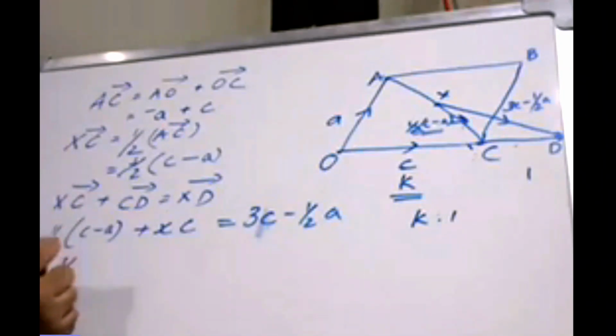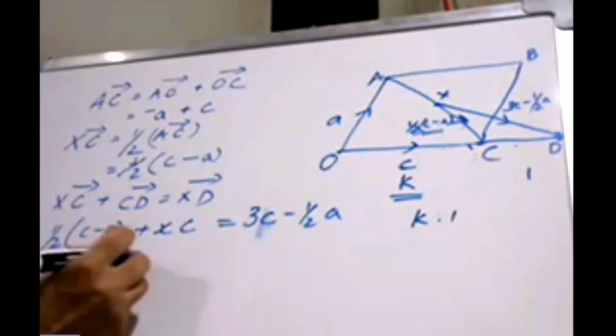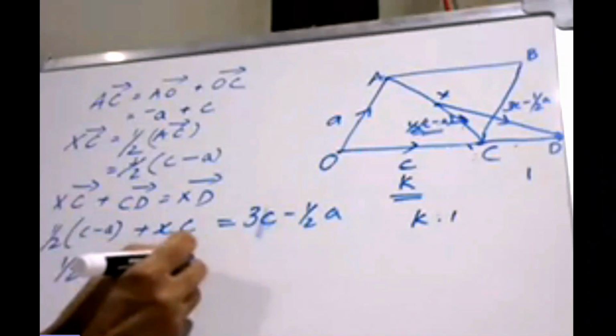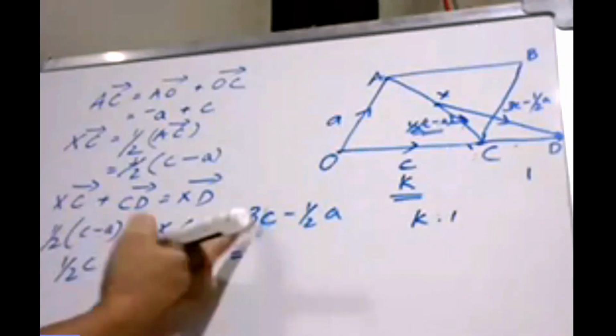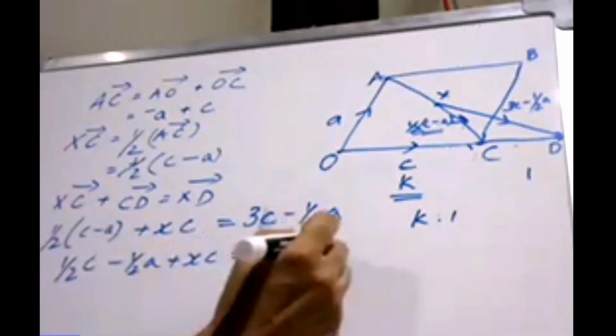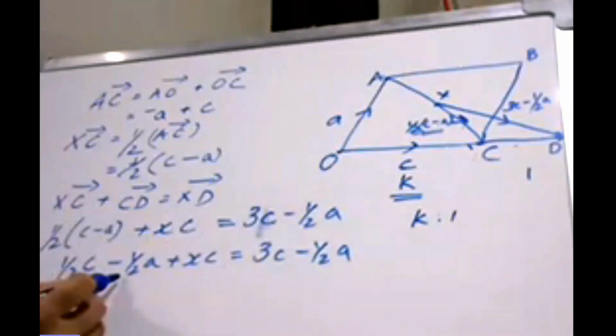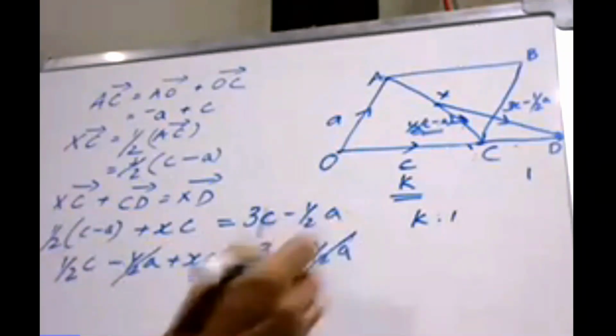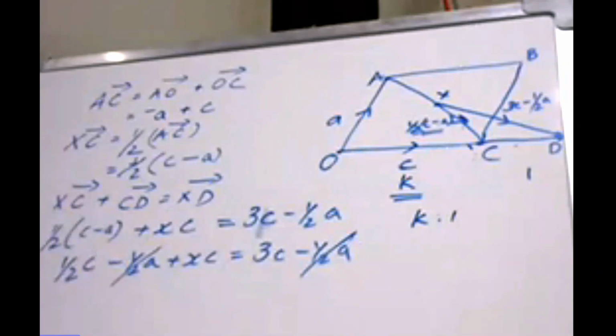Half C minus half A plus xC is equal to 3C minus half A. I have a negative half A on both sides, so those two got cancelled.